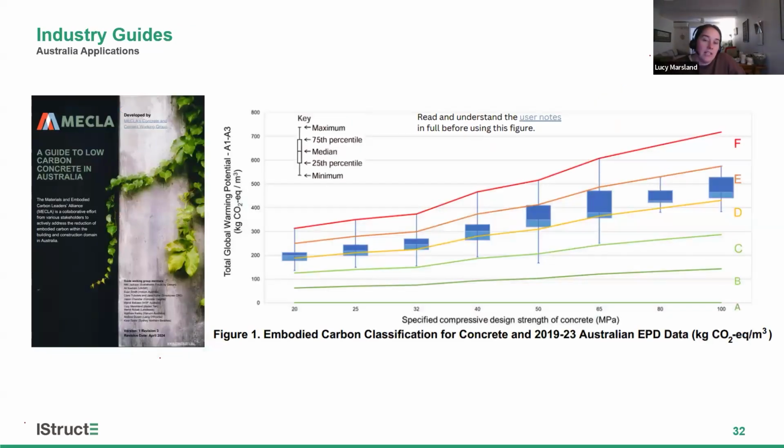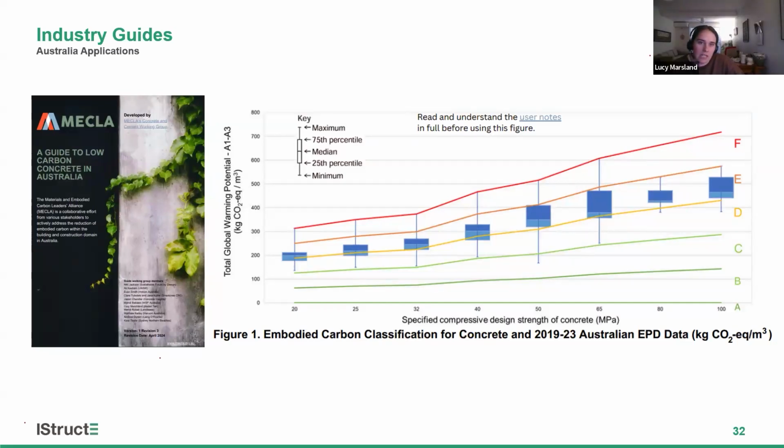Looking at some of the industry acceleration of interest and Australian local thought leadership, as Ryan mentioned, I'm a part of the Materials Embodied Carbon Leadership Alliance, and so collaborate with different engineers as well as suppliers, as well as authorities across the country around driving down embodied carbon in materials.